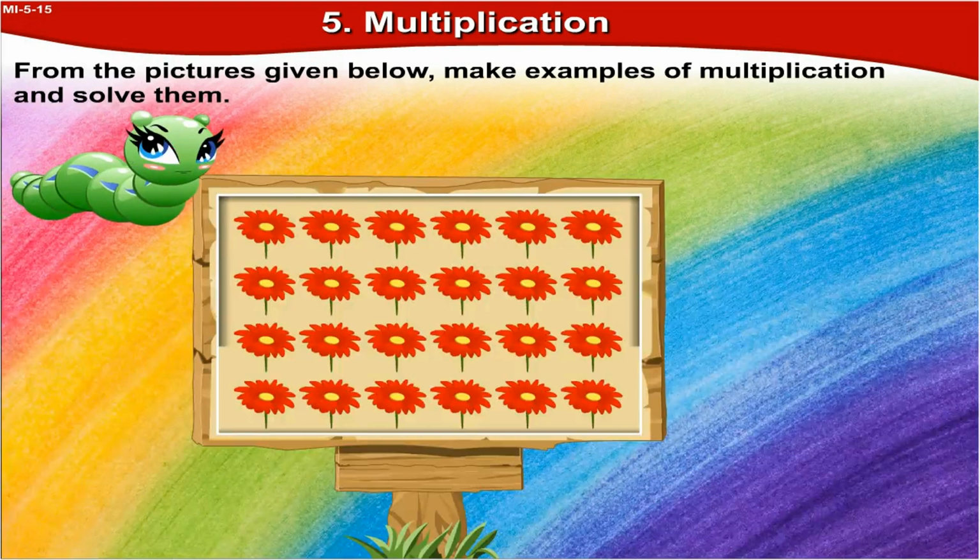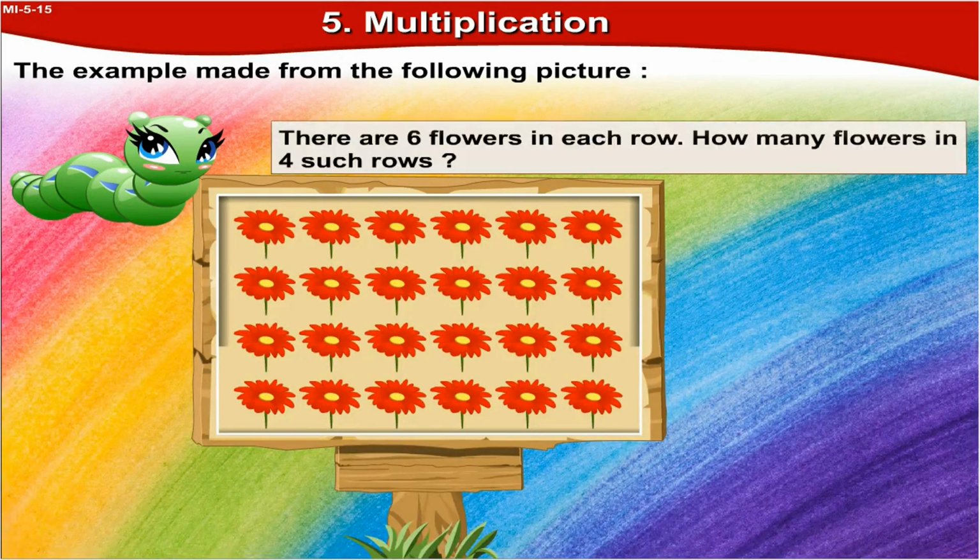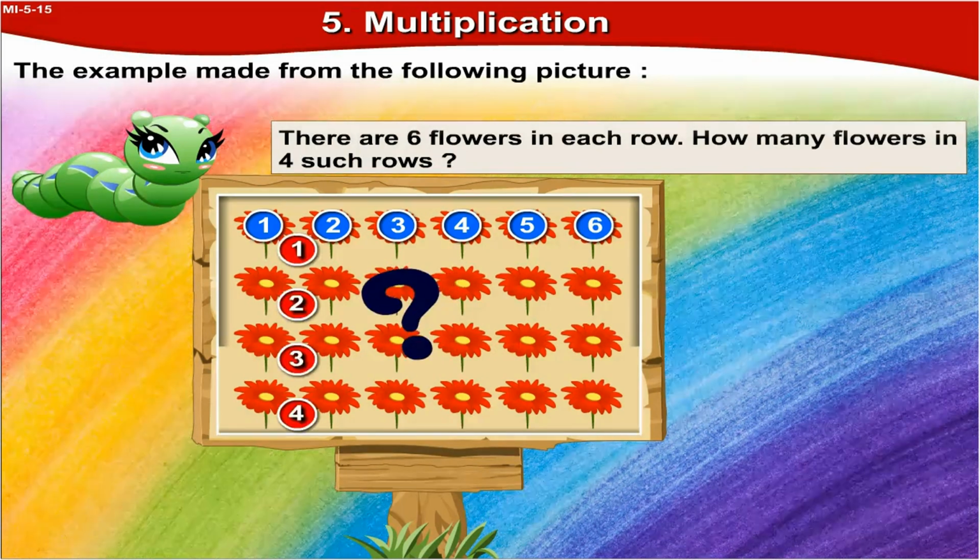From the pictures given below, make examples of multiplications and solve them. The example made for the following picture: there are 6 flowers in each row. How many flowers in 4 such rows?